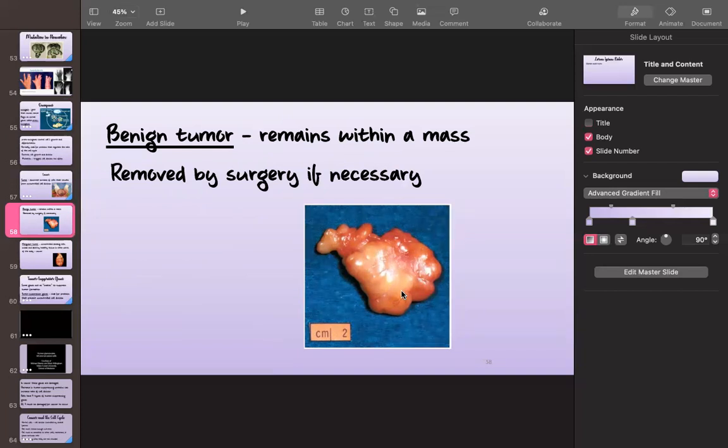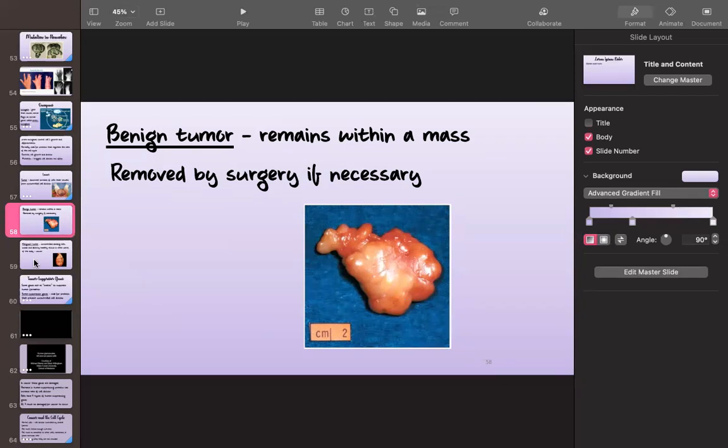However, depending on the part of the body, if it's growing within the brain or within the spinal cord, somewhere where the tumor might end up putting pressure on these kinds of structures, then they can go in and remove it with surgery if it's in a place that's easily accessible. If you have a tumor that is, say, in certain parts of the brain which are inaccessible, then they might try things like radiation or chemotherapy to try to shrink the tumor.